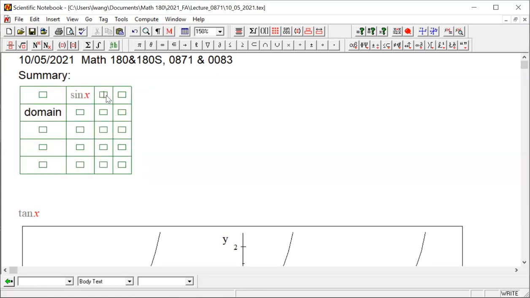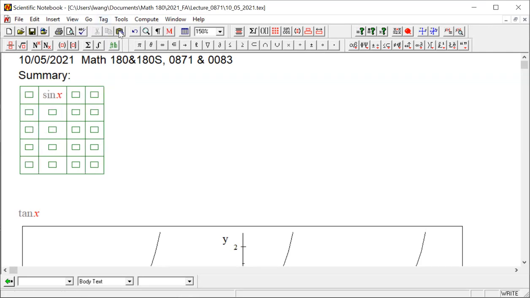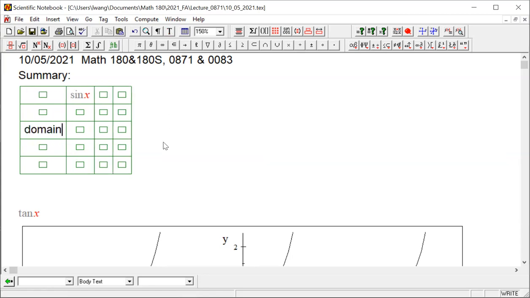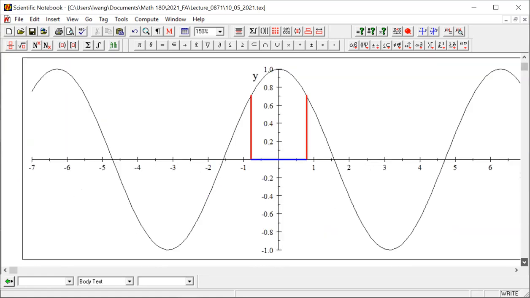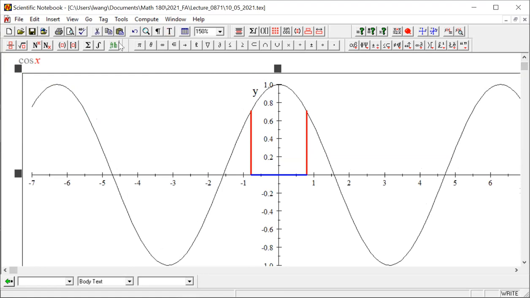Use this opportunity to review. When we talk about domain, even odd is in the domain of the said function. So we must make sure we understand the domain of that function. So here I'm going to attach some pictures we have done for these functions. This is the cosine.